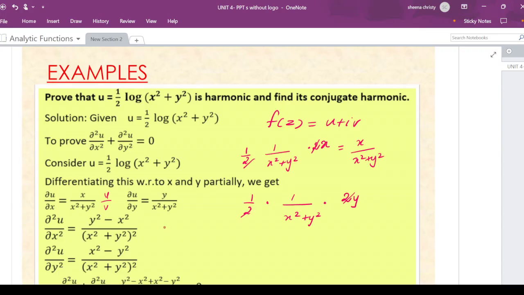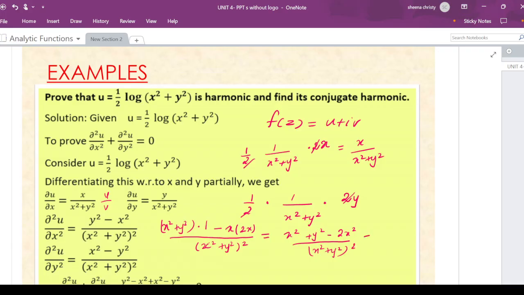So you write it as v, that is x square plus y square, into differentiation of u, which is 1, minus u into differentiation of v with respect to x, which gives 2x, divided by v square, x square plus y square whole square. By doing the simplification, you will get x square plus y square minus 2x square divided by x square plus y square whole square.